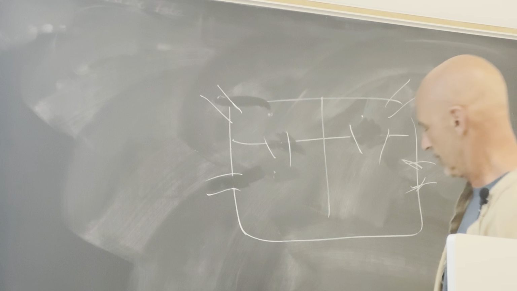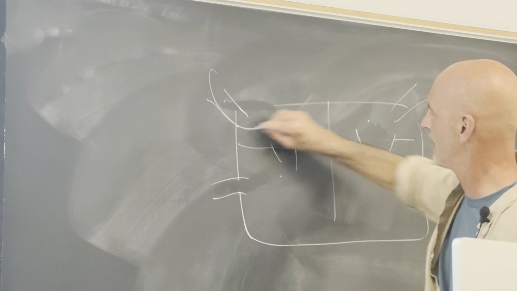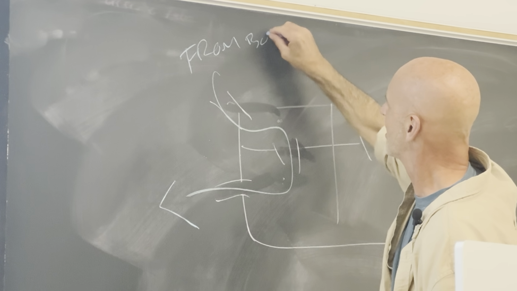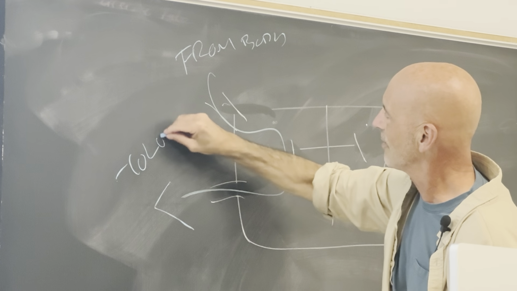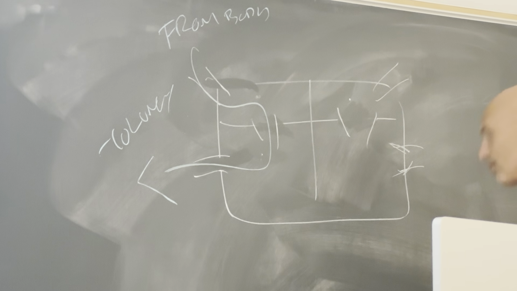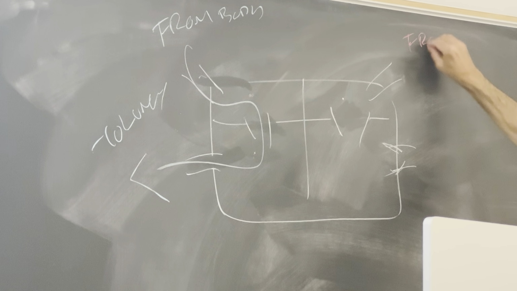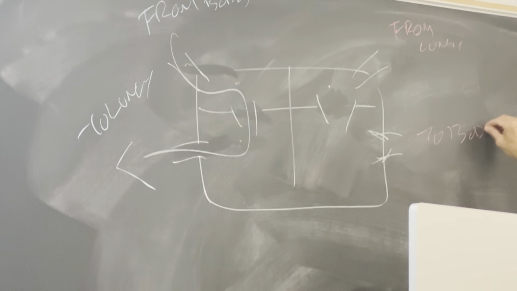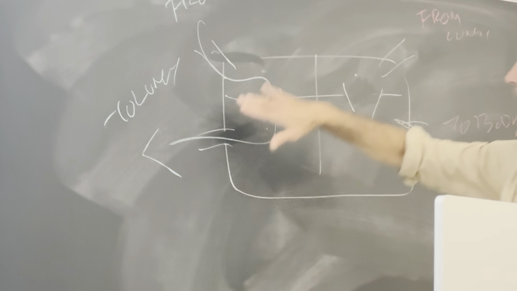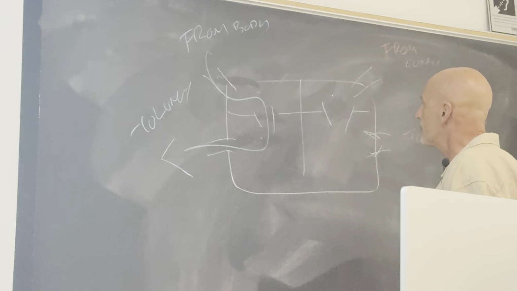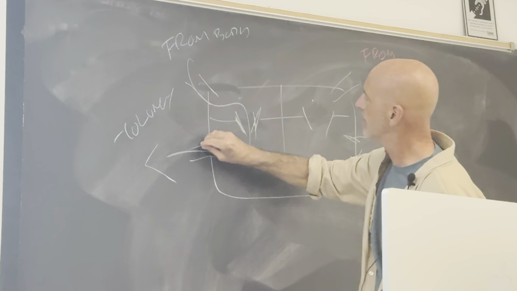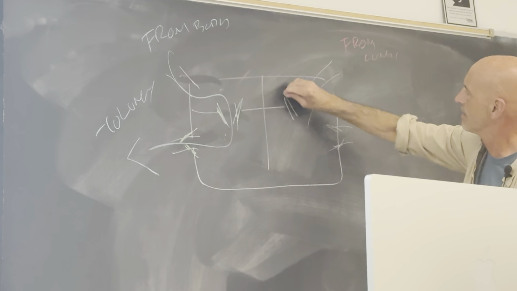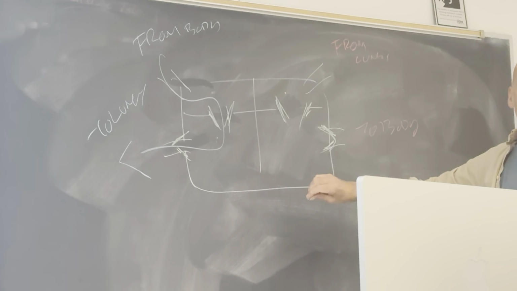So you just follow the blood from body to lungs. That's why I don't write, I'm too impatient for this. From lungs to body. Once you get this down, it's very simple. Then just name everything. You've got the valves over here: right AV valve, pulmonary valve, left AV valve, aortic valve.